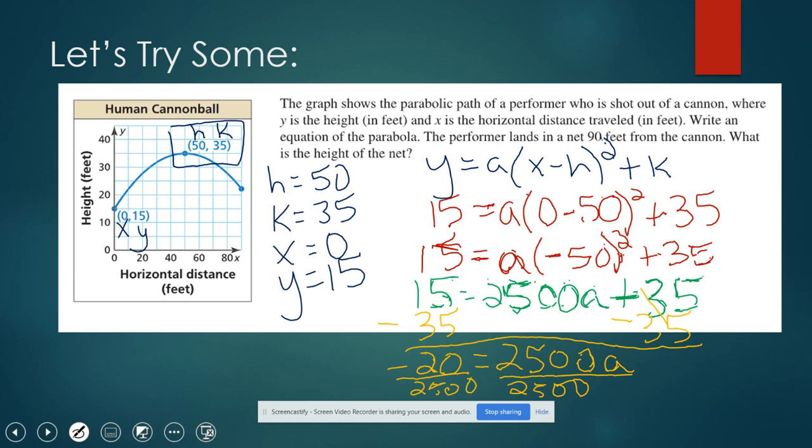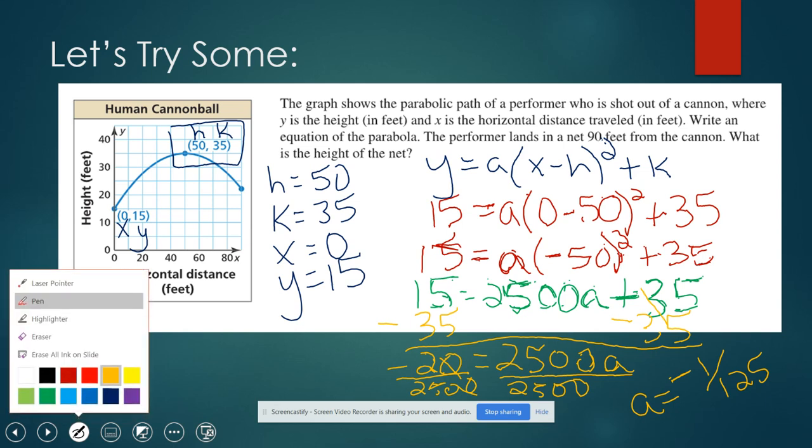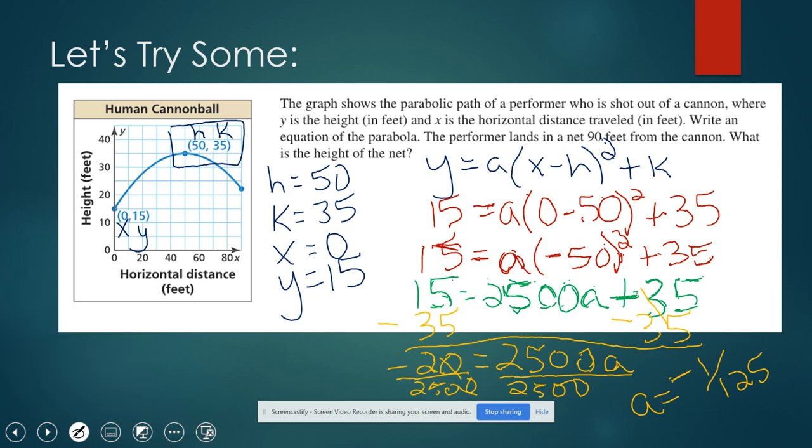And for A, we're just going to reduce. So we're not going to use the decimal. We want an exact value. So we want to reduce 20 over 2500. So I can reduce by 10, and then 2 and 200 divide by 2 and get 1 over 125. That makes my final answer.